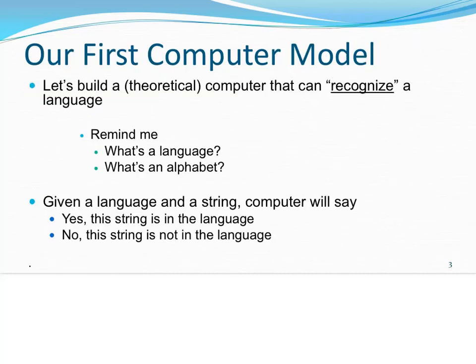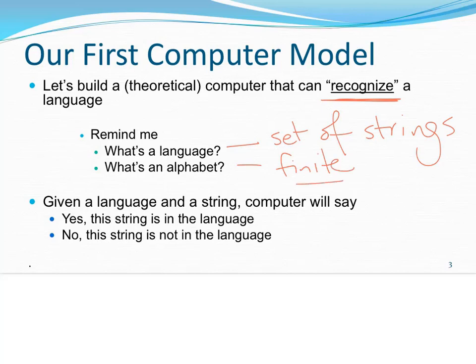So our first, simplest computer is going to be a theoretical computer, and it's going to be a computer that can recognize a language. Let's just remember, a language is a set of strings, and an alphabet is a finite, very important, set of symbols.